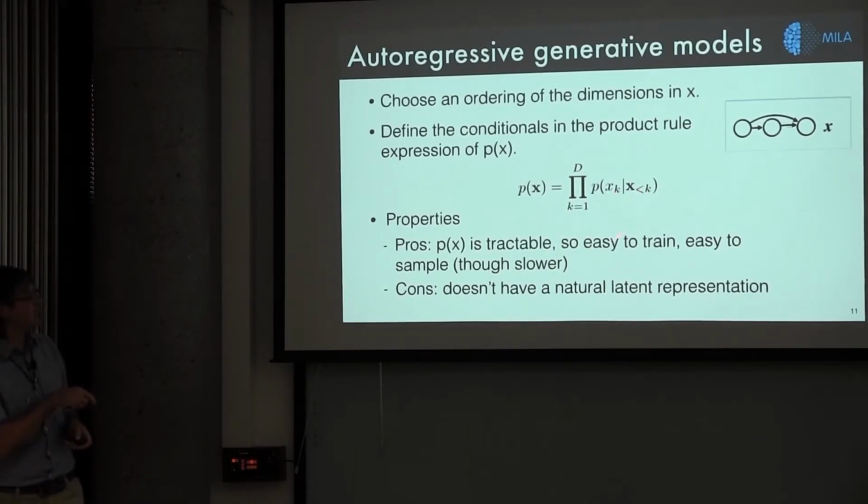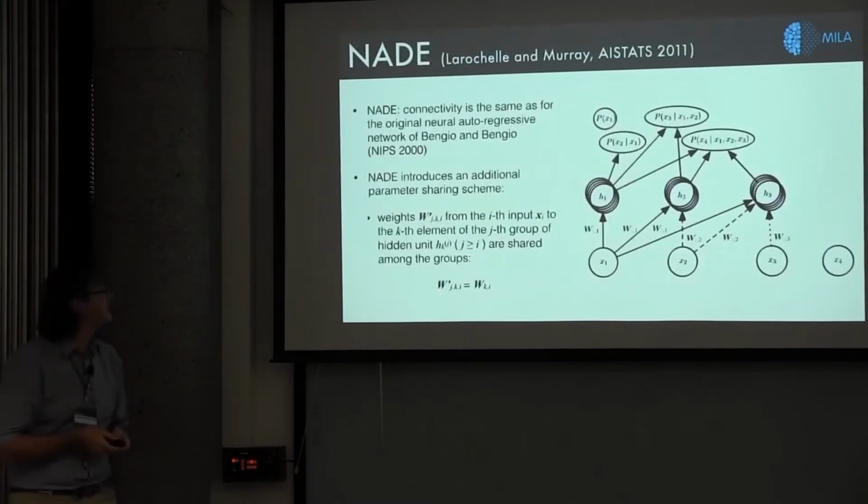And conceptually it's easy to sample from, but the problem is that it's going to be very slow, right? Because sampling X1 here has to happen before we condition on it to sample X2. So in this case, we're going to have to sample every pixel at a time. So sampling these models is slow, but we're going to see that we can actually make training very quick in these things.